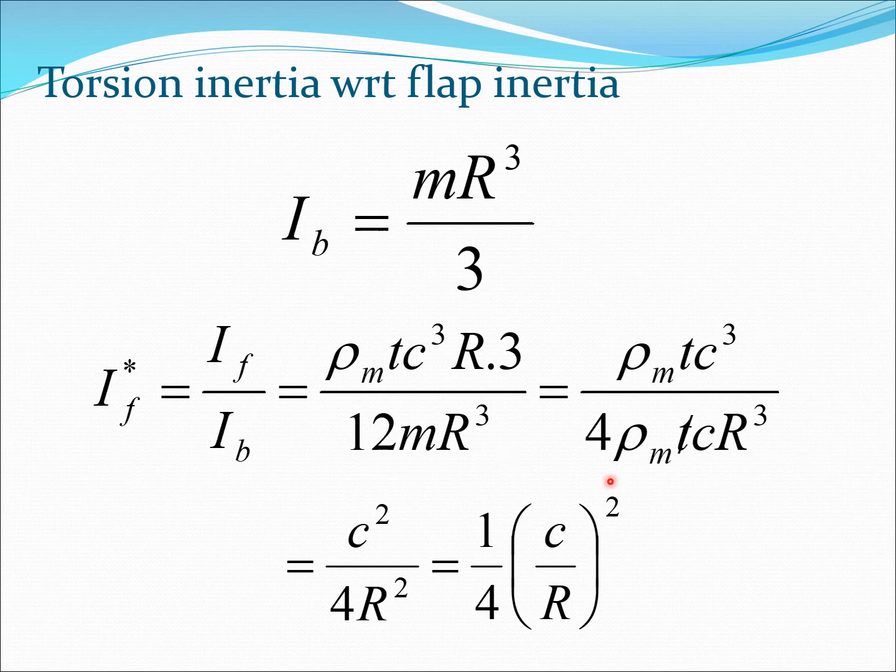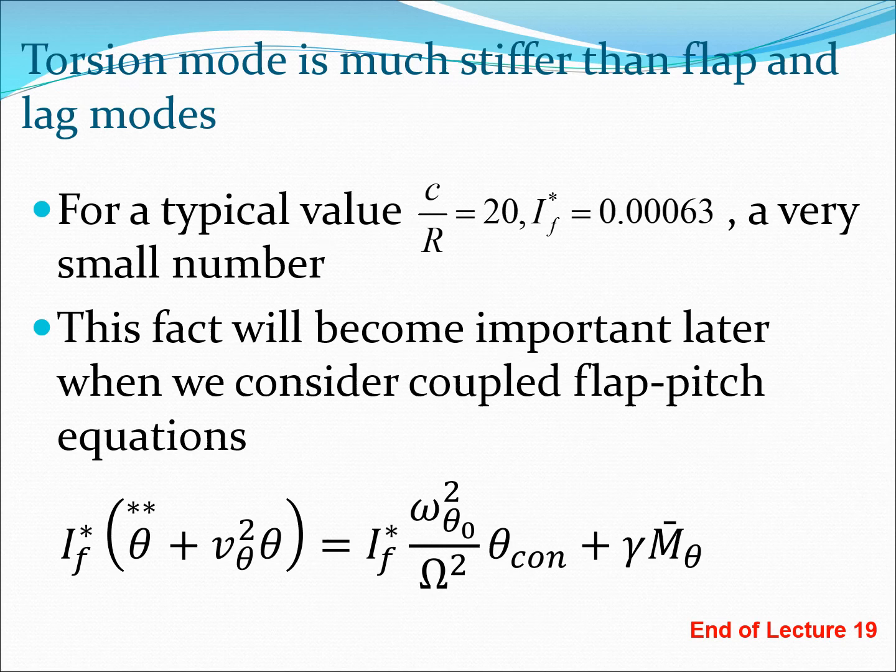So once you have performed all those cancellations, we end up with 1 by 4 c by R square. And this is going to give us an estimate about what is the size of this IF star term. So for a typical value, c by R for a helicopter blade would be about 1 by 20. So IF star would be 0.00063, which is a very small number.